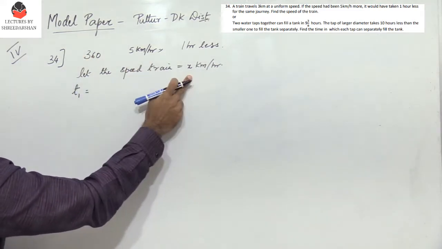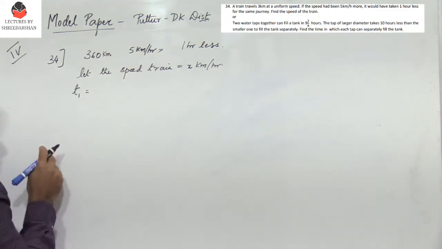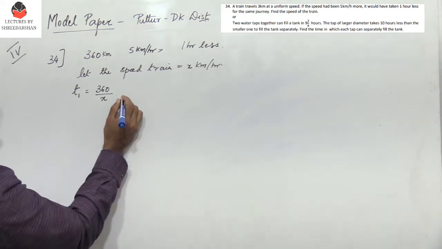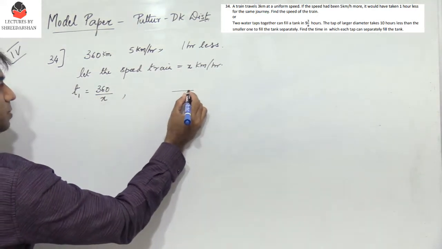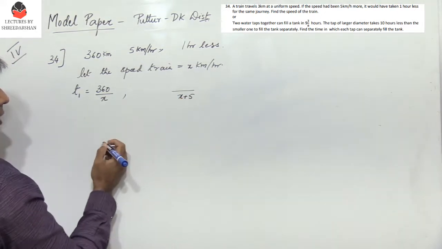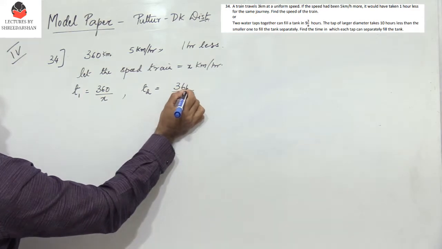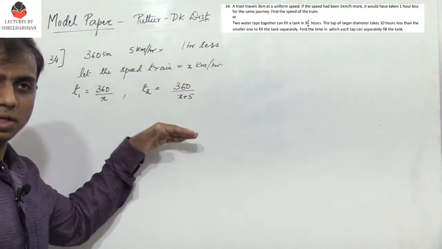Initially when the speed is x, it covers a distance of 360 kilometers in time t1, so t1 is 360 by x. Next, the speed increases to x plus 5 and the time taken is t2, but the distance traveled is 360 itself. So when the speed increases, the time taken will be much less.